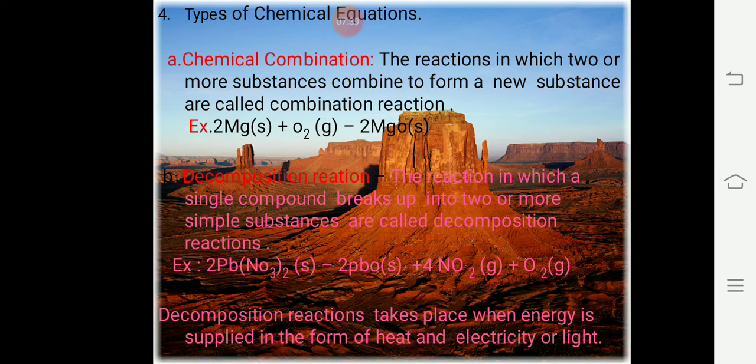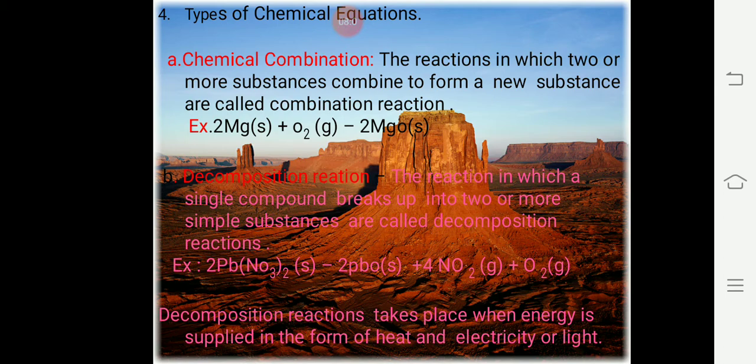Example, 2Pb(NO3)2: here one reactant is there, it splits and decomposes to give three products. This type of reaction is called a decomposition reaction.